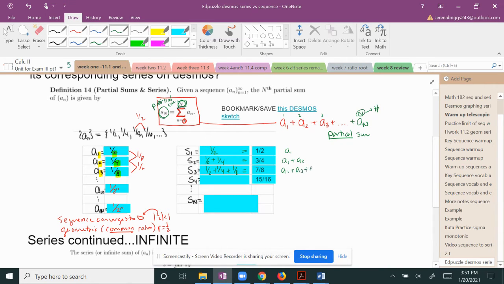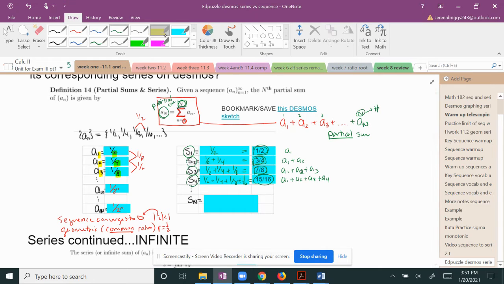Now I have added those and found common denominators, and this is what I've got. So S sub 1 is 1/2, S sub 2 is 3/4, S sub 3 is 7/8, S sub 4 would be 1/2 plus 1/4 plus 1/8 plus 1/16, and that gives me 15/16 when I add it. A sub 1 plus A sub 2 plus A sub 3 plus A sub 4.